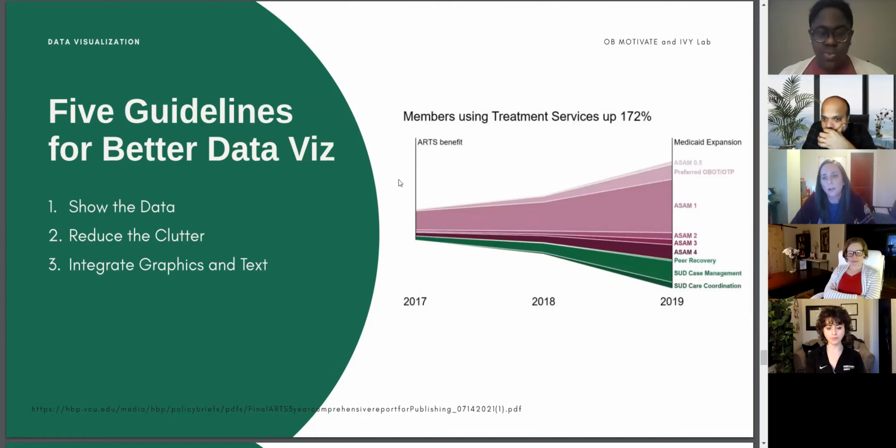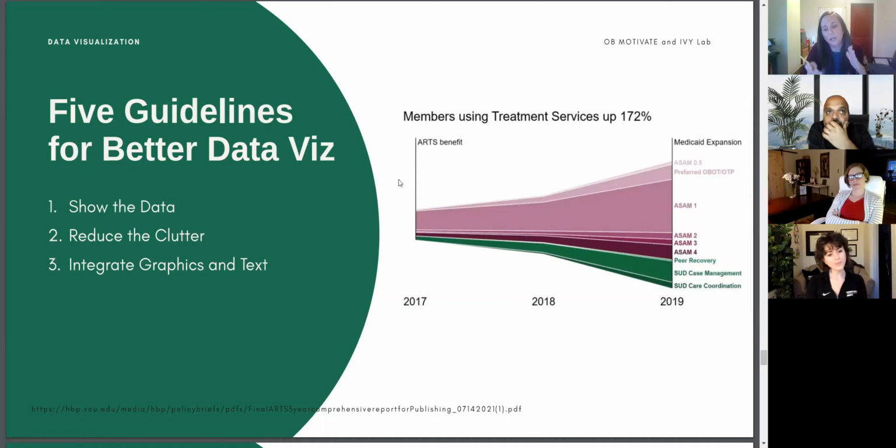And I used color to distinguish between the ASAM continuum of care, which is at the top in the purplish colors, and I've used saturation to indicate the higher levels of care, the more intense levels of care. And I've used green to distinguish between the supportive services like peer recovery and care coordination.